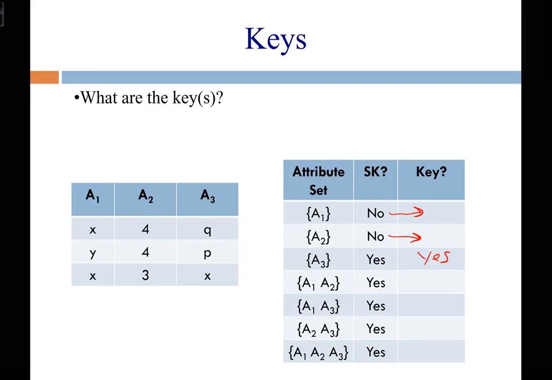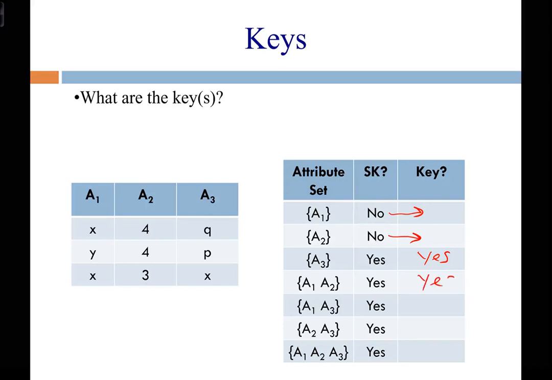So it is a super key. Its proper subsets are A1 by itself and A2 by itself. Are either of those super keys? No. We can either just look in the existing table, no, they are not super keys, or we can just answer that question again, no, A1 has duplicates, A2 has duplicates.